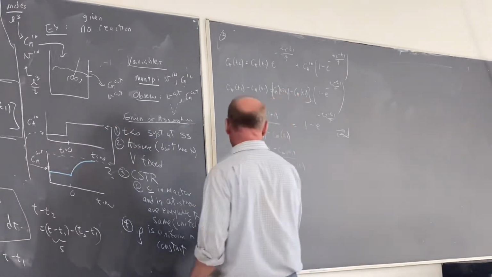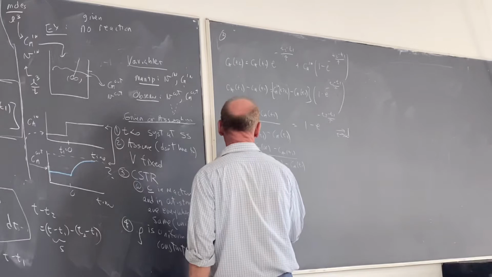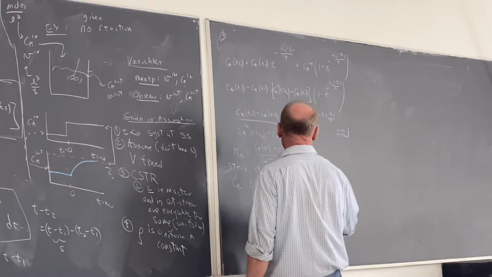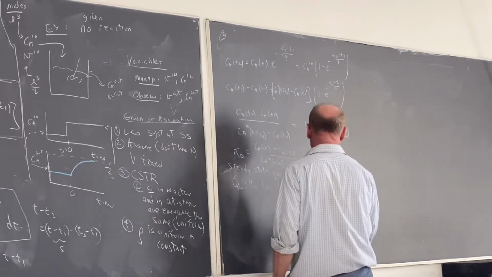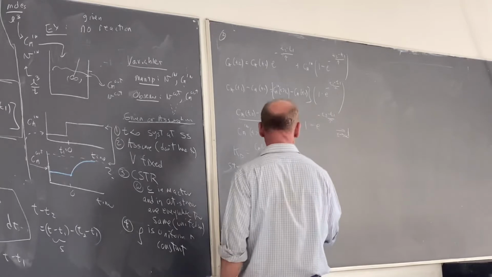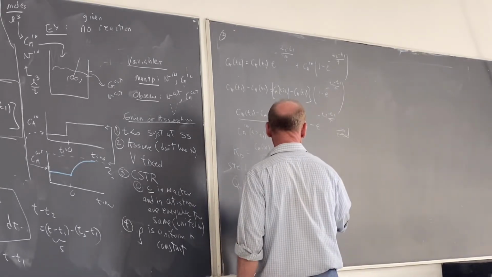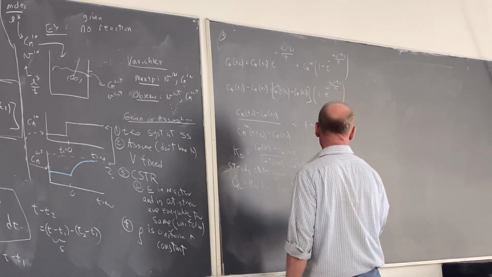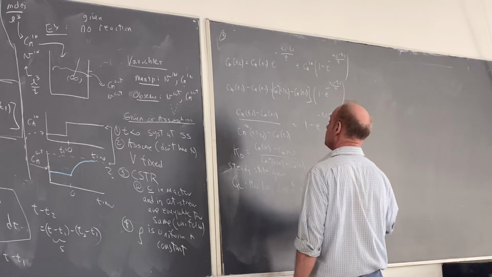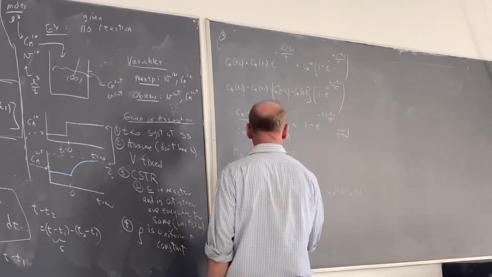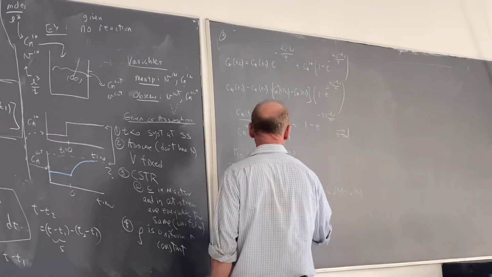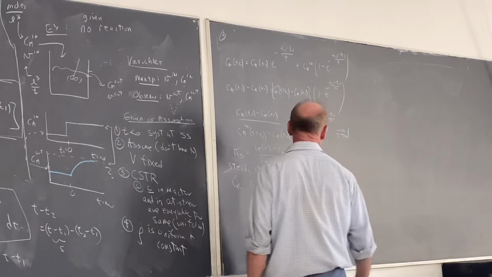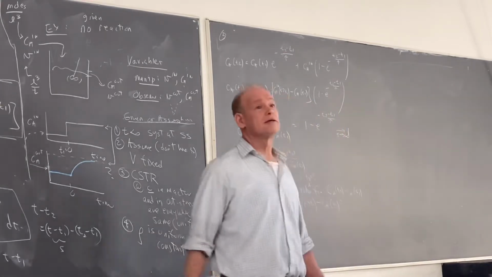So, question: how long does it take? That is, what is T2 for CA of T2 minus CA of T1 to equal 90% of CA in for t greater than T1 minus CA of T1? How long does that take?